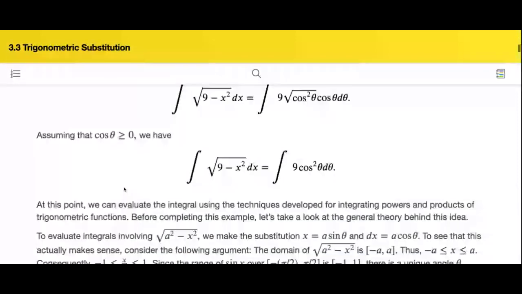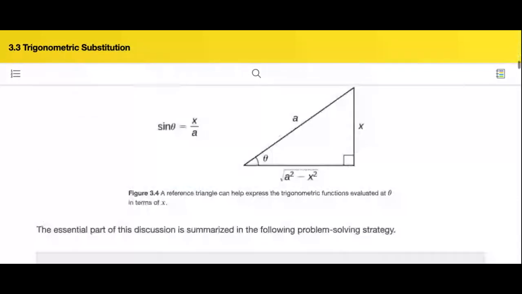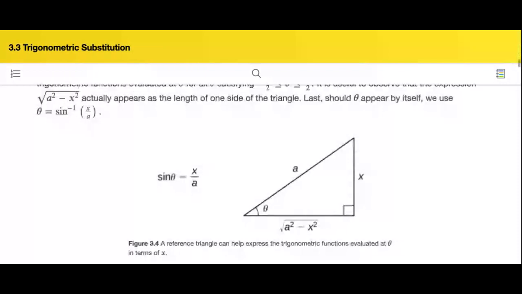So let me see if I can find a triangle. Okay, let's see here. All right. I can treat square root of a squared minus x squared as one leg of a right triangle. So the hypotenuse is a, because I have a squared minus x squared. The other leg is just x, right? So I'm going to call the angle opposite to x theta.